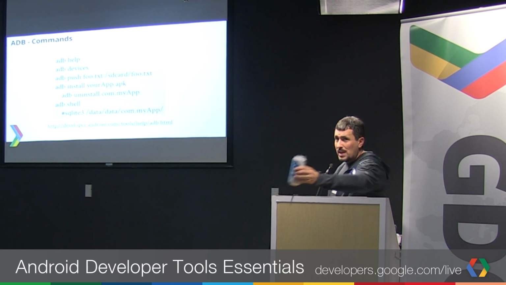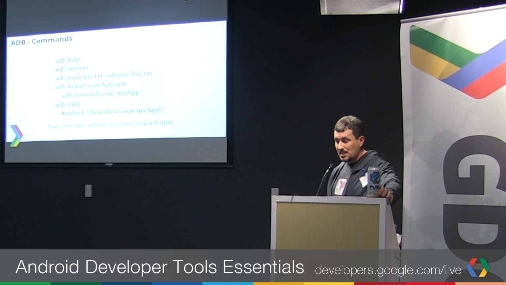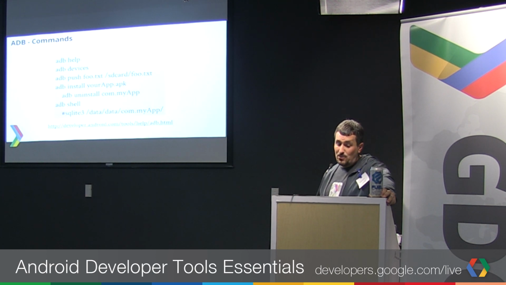So this is one of those cases where you see a gray box; these are some commands I would encourage you to try on your own later. Obviously, adb help is super simple, but you can see the kind of things that you can do with ADB. You can push files to your device, you can pull files, you can install an APK and run an APK. There's a lot of more advanced stuff you can do.